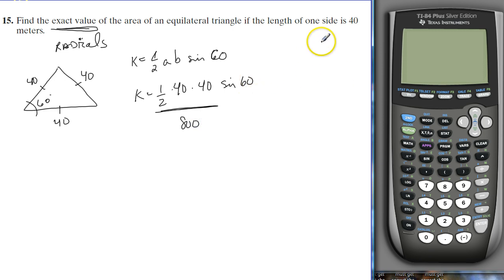And then sine of 60, if you recall, special triangles, 30, 60, 90. So it's 1, 2, rad 3. So the sine of 60 is rad 3 over 2. And this is my K, which is my area. And then finally, 2 goes into 800. So the answer is 400 rad 3.